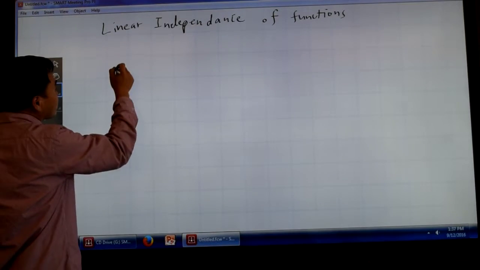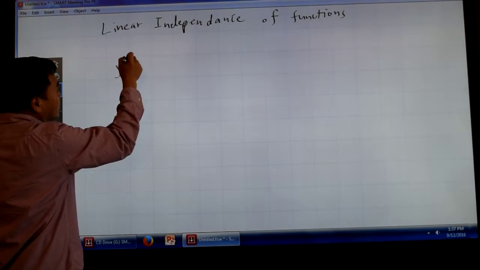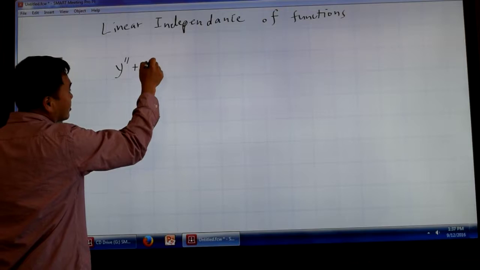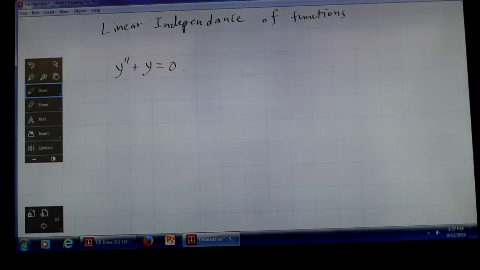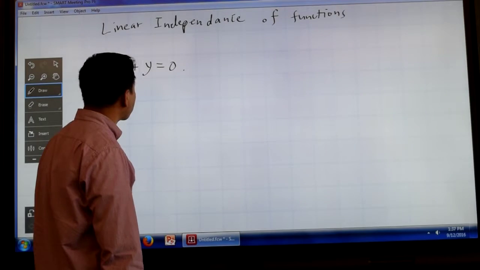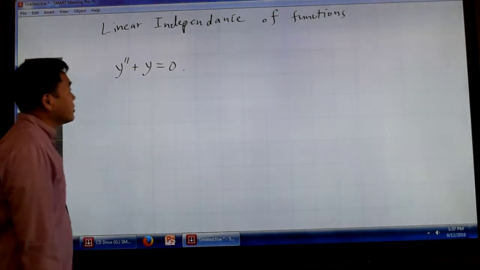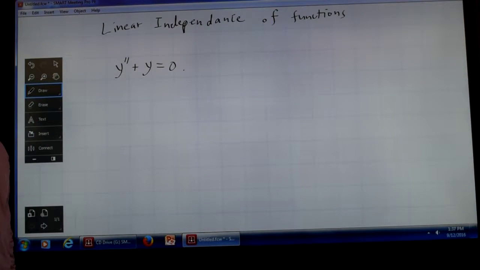So suppose you have the following equation. Can you think of any solution to this?